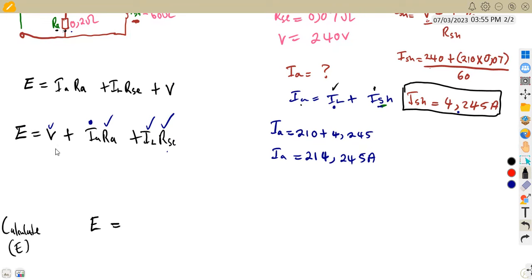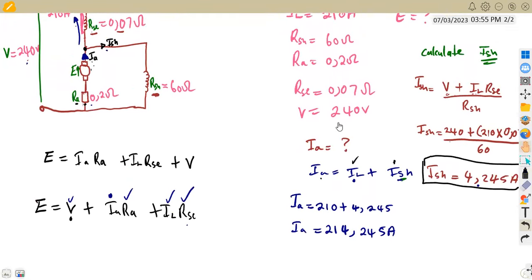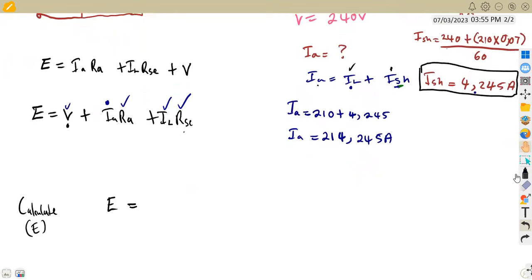All right. So we said our E is going to be equal to the terminal voltage, and we've got our terminal voltage, 240 volts, plus what was limiting us, which is the armature current. So we're going to have the armature current of 214.245 times the armature resistance.